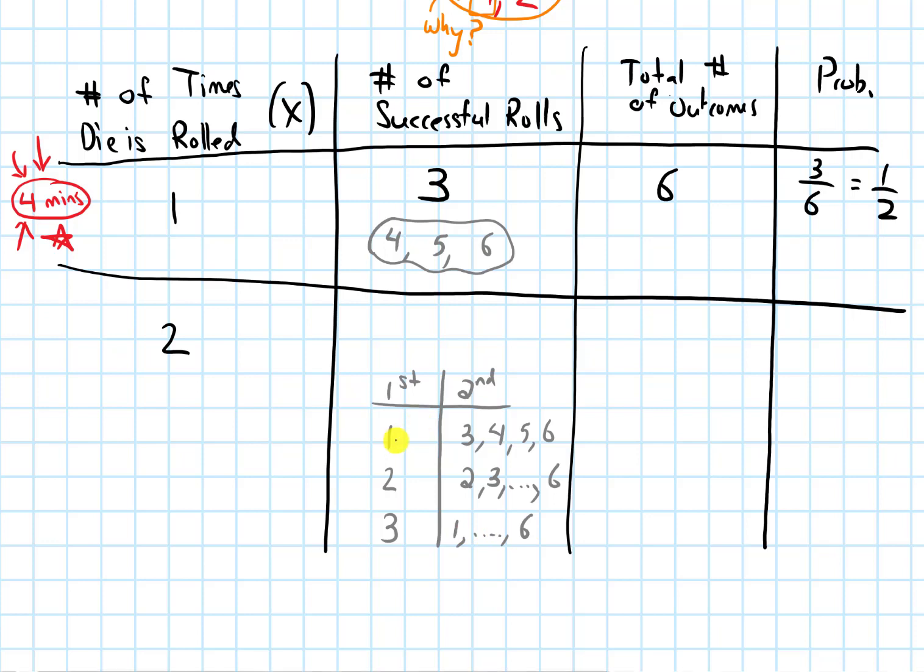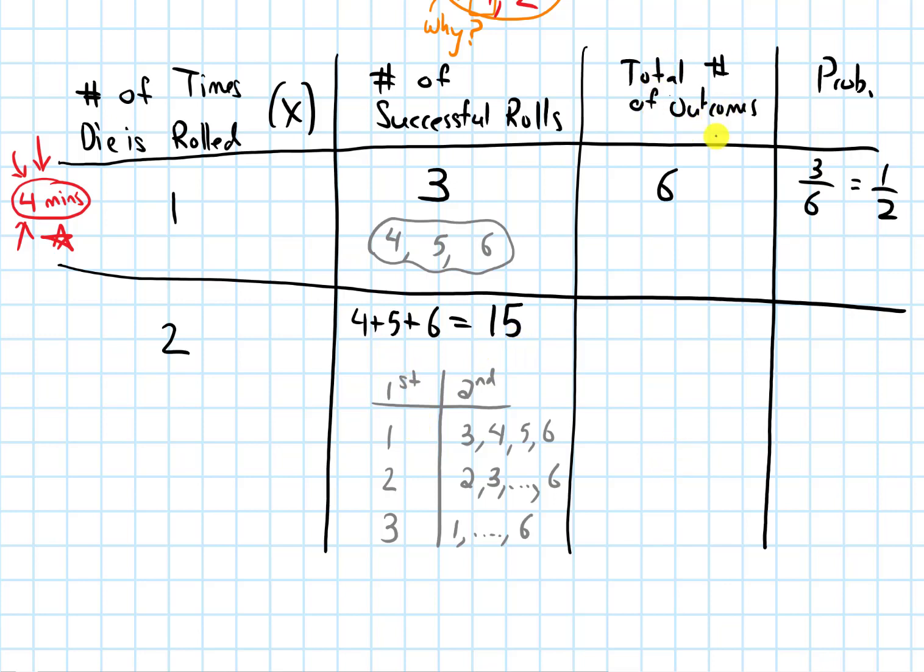So if the first roll is a 1, there are 4 ways I can make the second roll work. If the first roll is a 2, there are 5 ways. And if the first roll is a 3, there are 6 ways. So overall, I need to do 4 plus 5 plus 6, and that is 15. There are 15 successful ways to roll the die here.